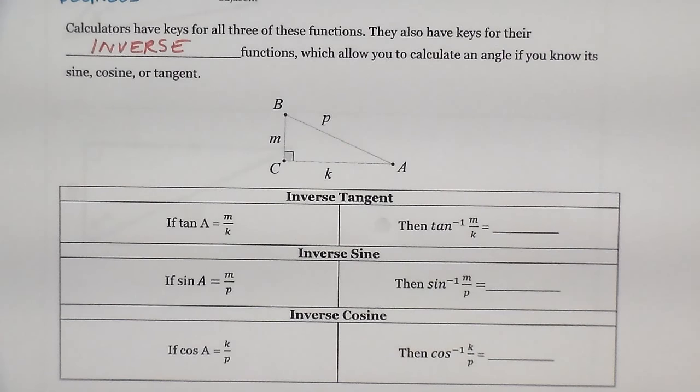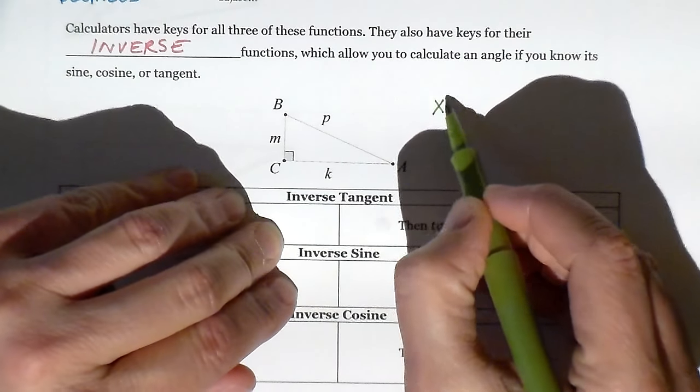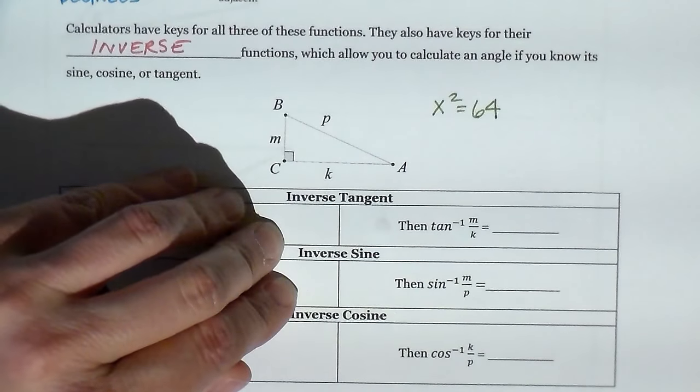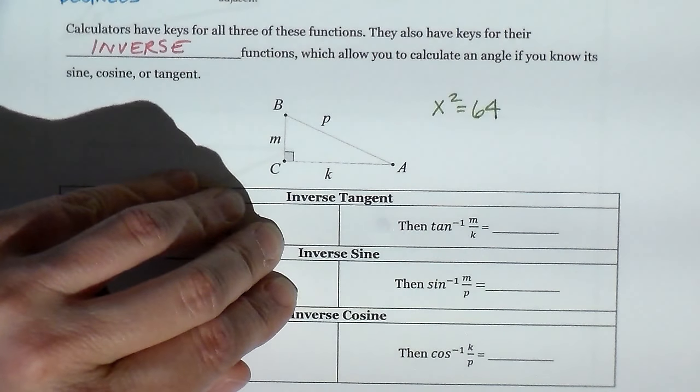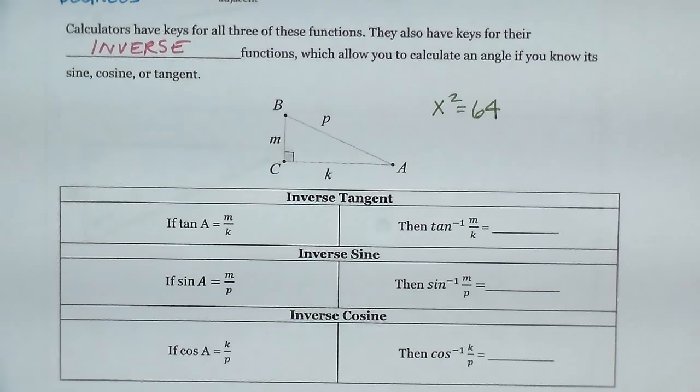Now, what inverses do to each other is the inverse brings you back to x, your original value that you started with. So, for example, if I were doing what we've done with the Pythagorean theorem, if I do x squared equals 64, and I want to find x, I don't want x squared, what I'm going to do is the inverse operation, the inverse function.